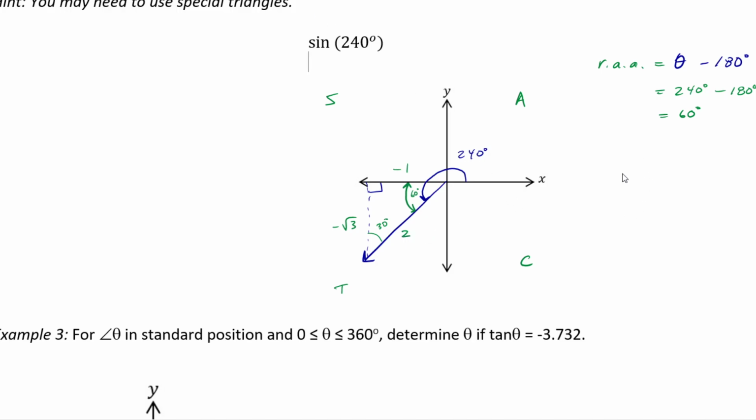So to find sine of 240 degrees, I need to determine the ratio of y over r, y being negative root 3, r being 2. So sine of 240 degrees is equal to negative root 3 over 2. This again is verified by the fact that it's a negative quantity, which it should be since the terminal arm is in the third quadrant.